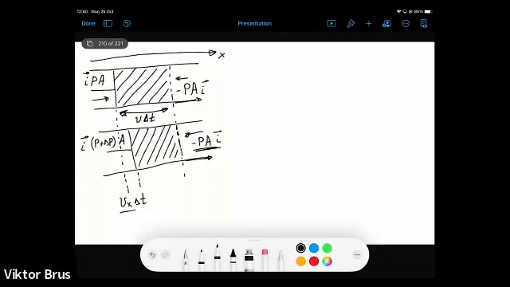So that's speed of piston, and we can consider that it also speed of the gas, which moves from the left to the right. Okay, so that is our model.